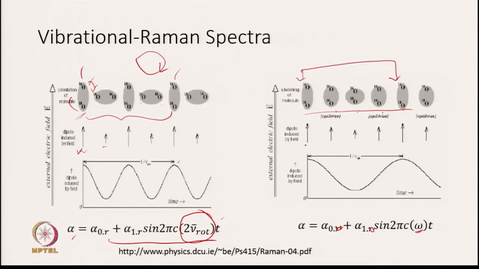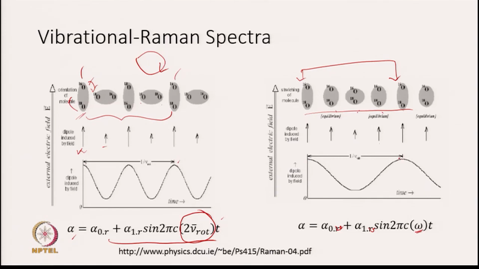Now, you see if I plot this dipole induced by field during this one vibration, what I will get is: here your dipole moment is higher, then smaller, smaller, higher, and this is dipole moment highest. So, you are seeing that you started from one crest and you went to another crest.